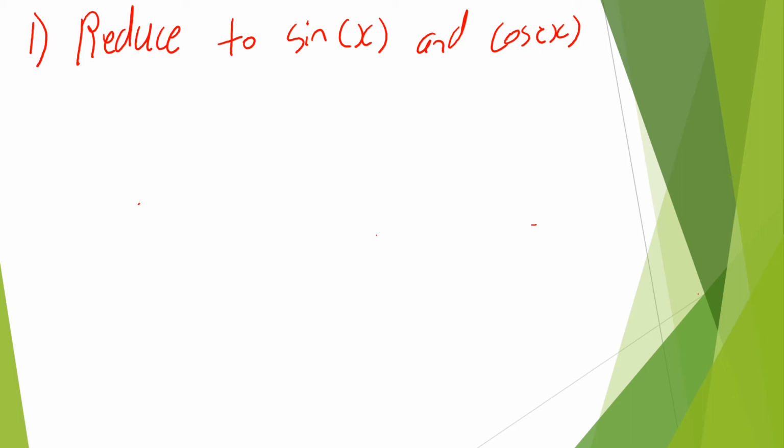For example, if you want to get sec, you will try to get 1 over cosine. It doesn't matter how complicated the expression is, you're trying to convert everything to sine and cosine because that will allow you to simplify later on.